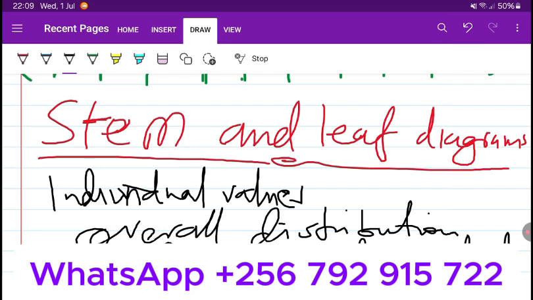It is useful specifically when we are dealing with data sets of maybe 10 to 50 values, where the details of each individual item matter most. So we use the stem and leaf because we want to have a detailed analysis.